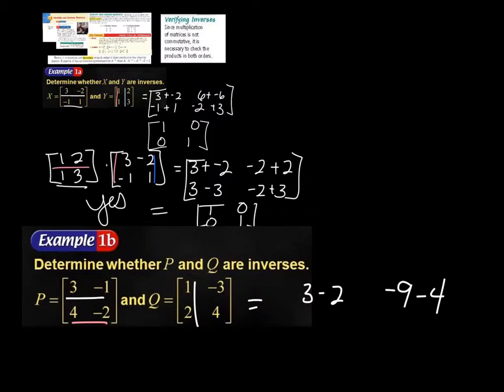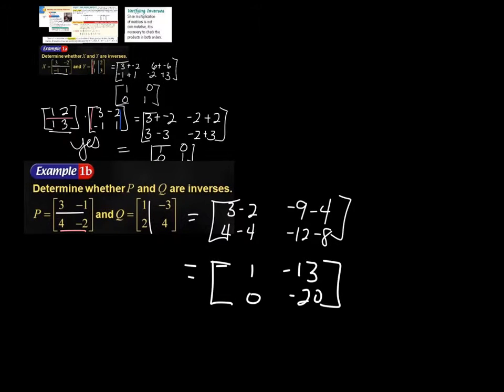Okay, 4 times 1 is 4, negative 2 times 2 is negative 4, and 4 times negative 3 is negative 12, negative 2 times 4 is negative 8. So this one we won't have to worry about verifying by going both directions, because if the first one doesn't work, we're done for.